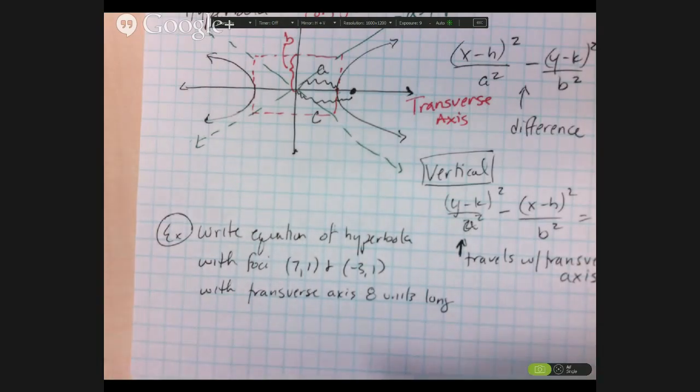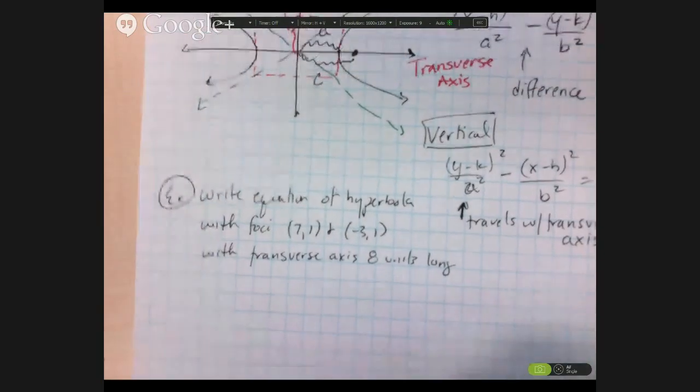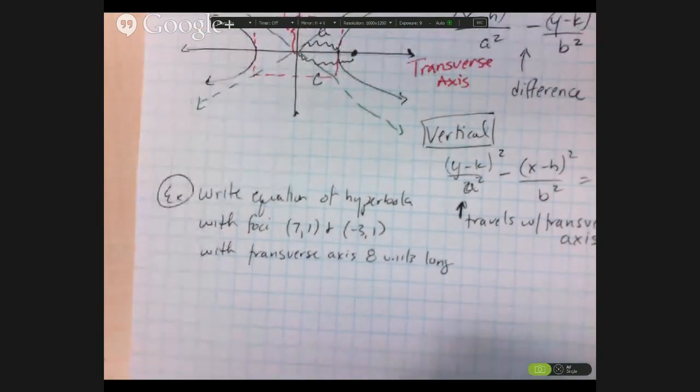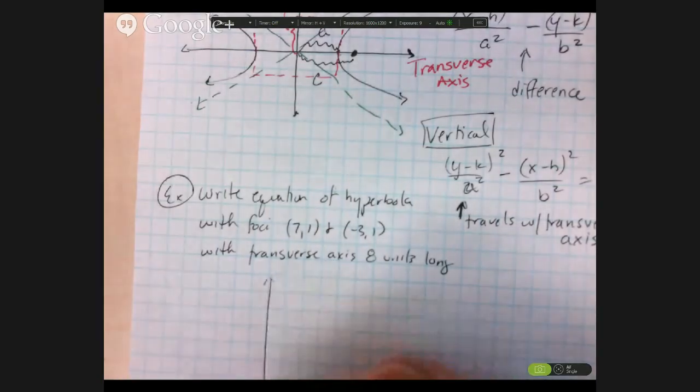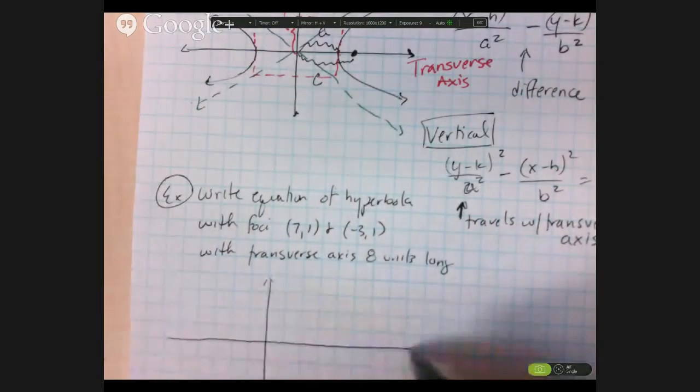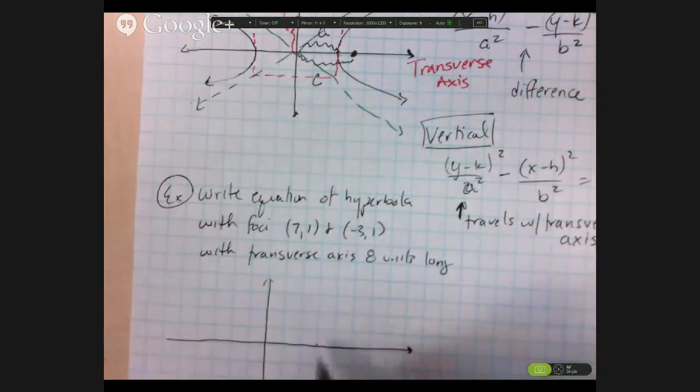Is it vertical or horizontal? It is. You're right. So if you graph it, just for those of you that need a visual. 3, 6.